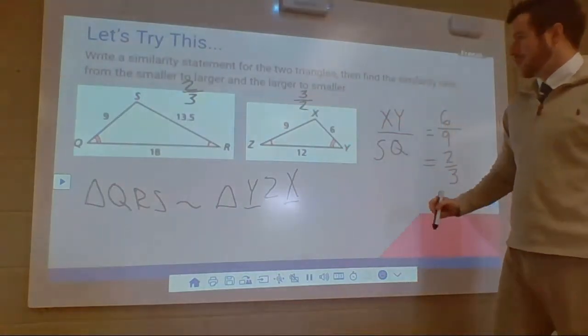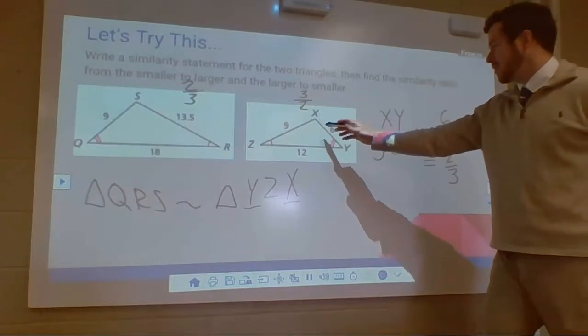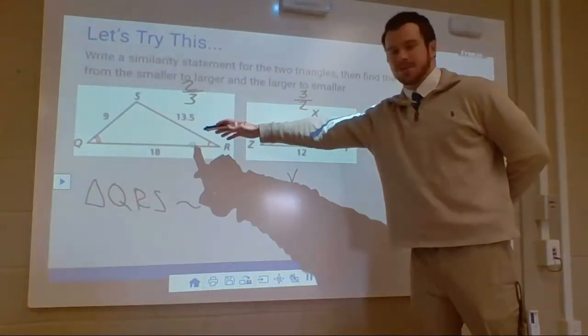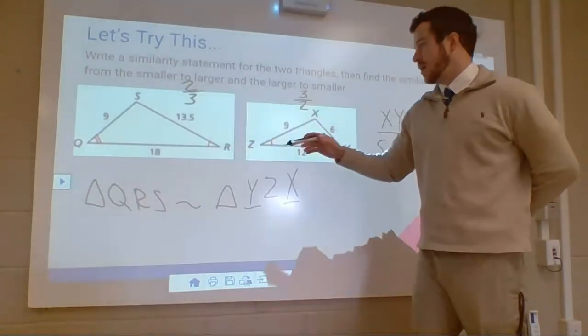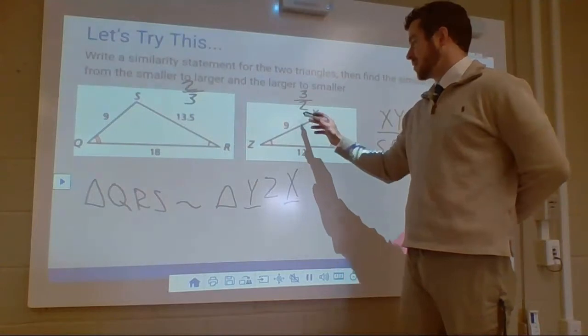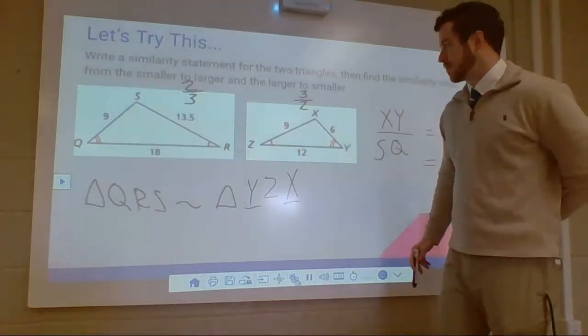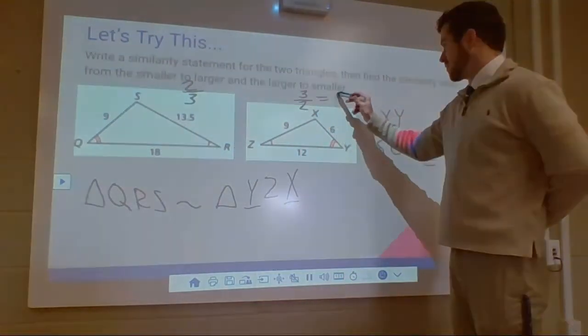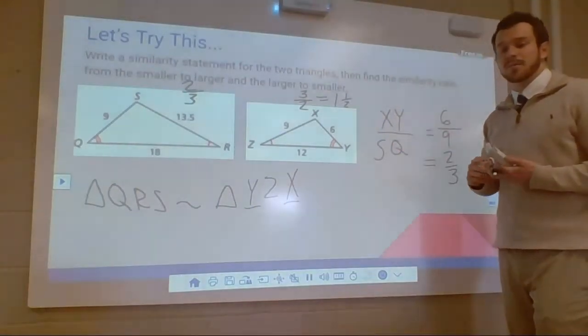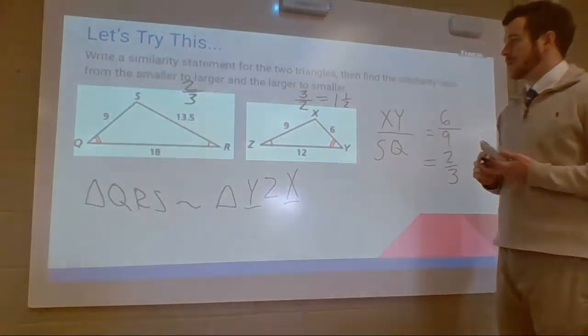Okay? So what we're saying here is that the smaller polygon is 2/3 of the size of the larger polygon, and the larger polygon is 3/2 the size of the smaller polygon. Or you could say 3/2 is 1 and 1/2. So that's how we write a similarity statement and how we find similarity ratios.